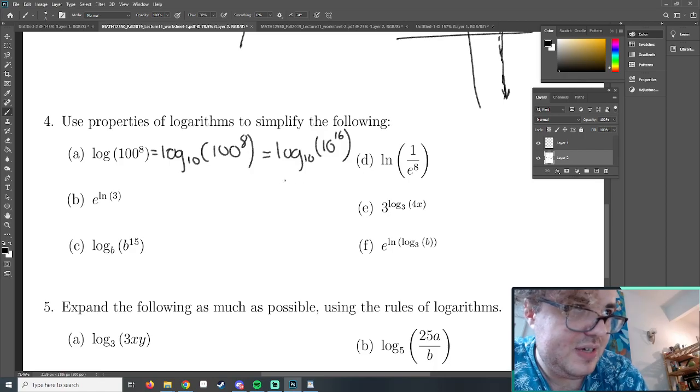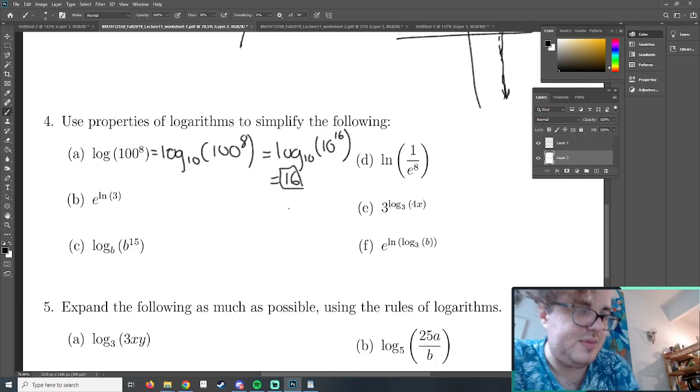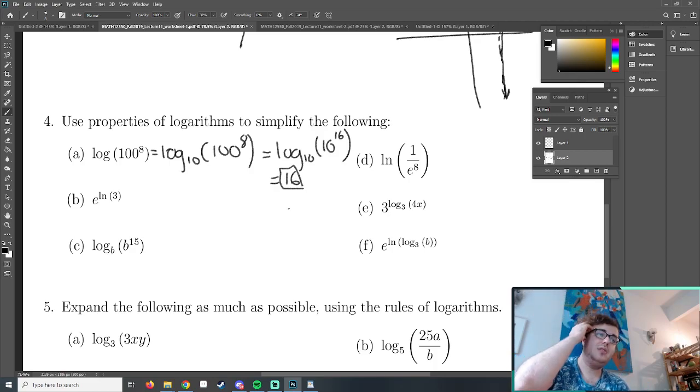And we have a definition that says log base b of b to the x equals x, so this must be 16. The other way to think about that is, you could literally just calculate what 100 to the 8th is, which is a 1 with 16 zeros at the end, and then ask yourself, what power do I raise 10 to get a 1 with 16 zeros at the end? And if you know anything about powers of 10, the answer is you raise it to the 16th power.